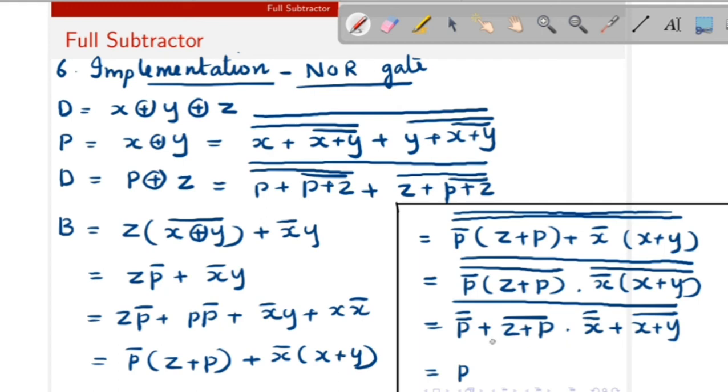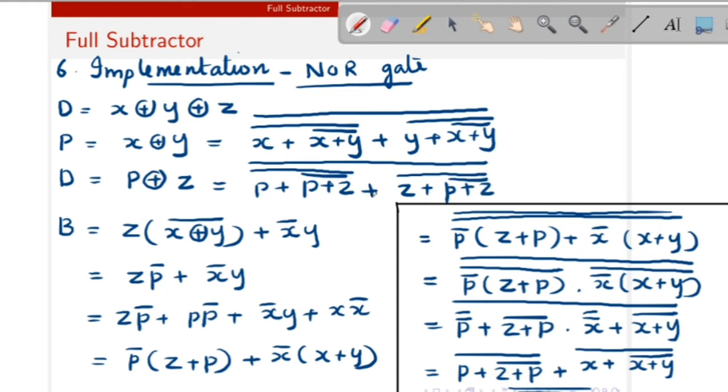Again we apply De Morgan, so p plus z plus p bar whole bar plus x double bar is x plus y bar whole bar. So this is the expression for the borrow. We get the expression of difference and borrow in terms of NOR logic.